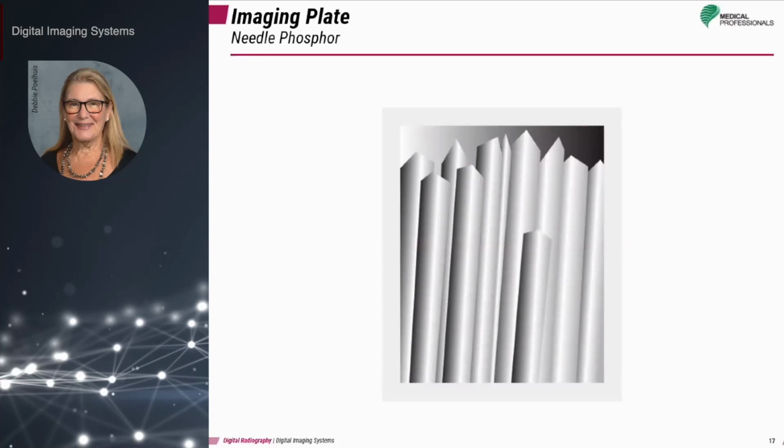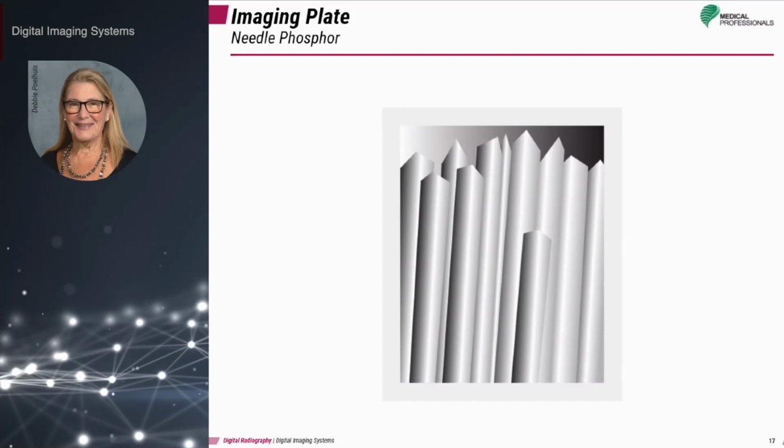The second type of phosphor structure that can be used in digital imaging is called needle structure or columnar phosphors. These are grown in controlled settings to form a needle or a column arrangement.